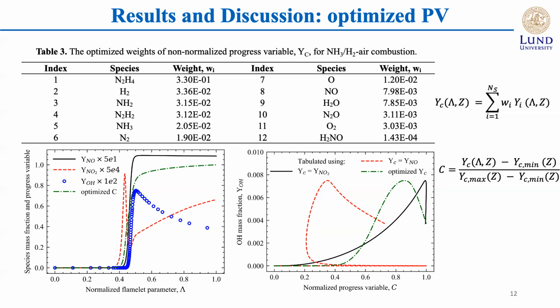We also have an optimized progress variable, the blue line. The bottom right figure shows the OH mass fraction predicted by the progress variable of NO, the red line, NO2, the black line, and the optimized progress variable.